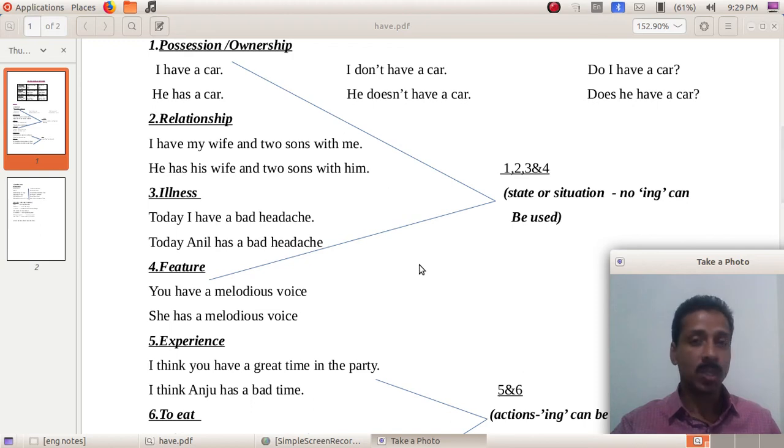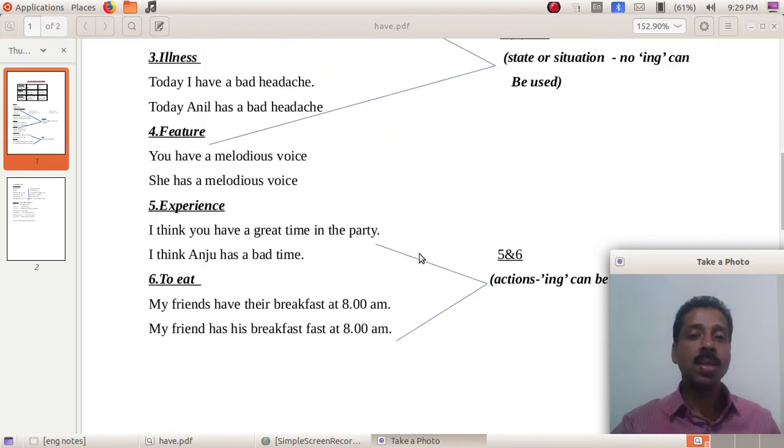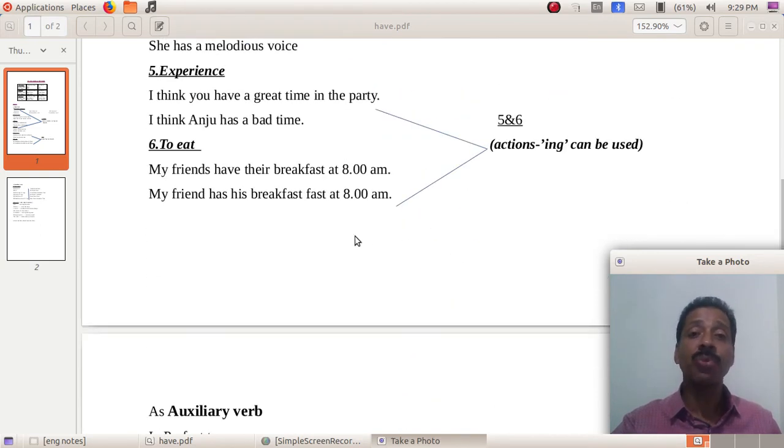But in the cases of uses 5 and 6, while we use have or has to show an experience, or in the meaning of eat, the ing form can be used. For example, I can say I think you are having a great time, or I think Anju is having a bad time, or a pleasant or unpleasant time, whatever it is.